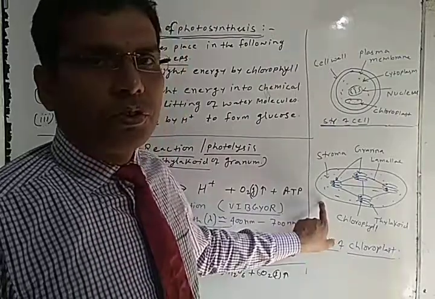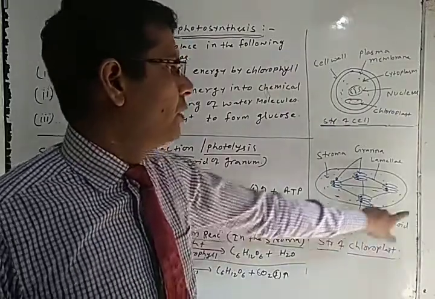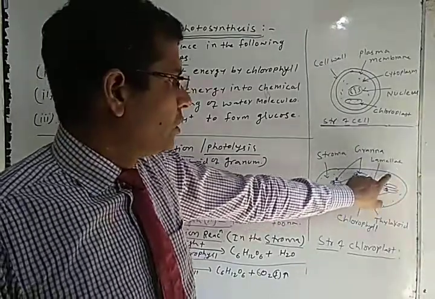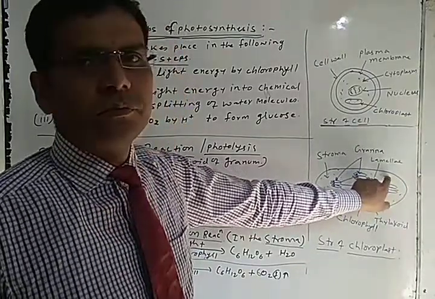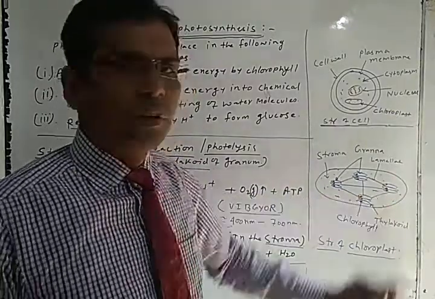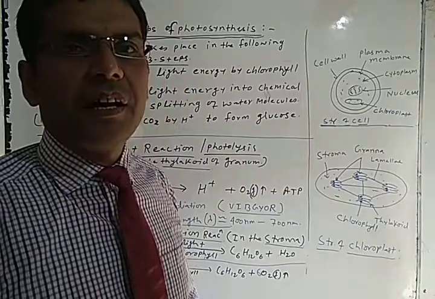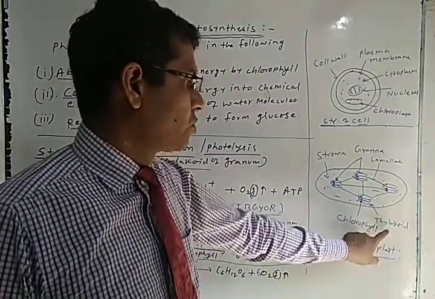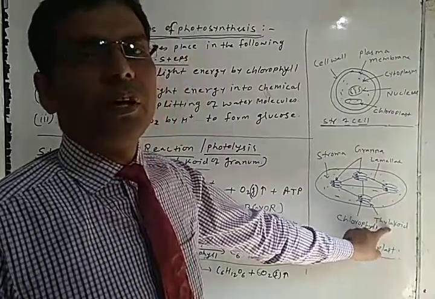In the chloroplast, there is a boundary like the plasma membrane. Within the boundary in the chloroplast, there are many flattened sac-like structures called thylakoids.